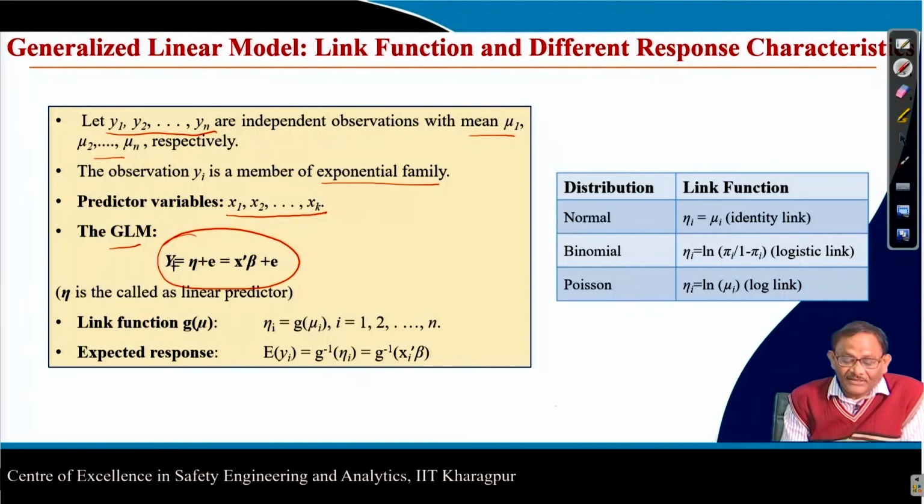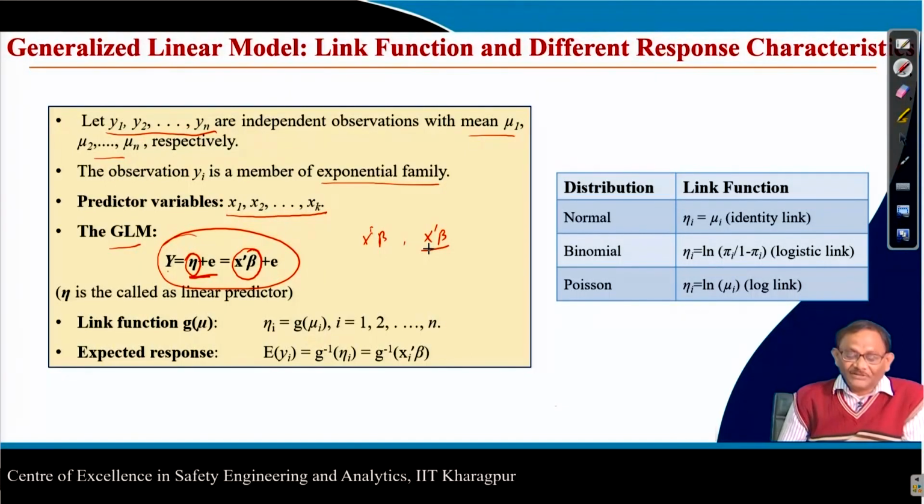What is this? Y is, as I told you, pattern plus error. So epsilon stands for error, eta stands for pattern or the systematic component. Now this pattern part, the systematic component, is linked with the predictor variables in terms of x transpose beta. Now what is beta?